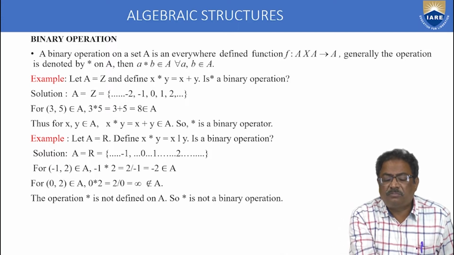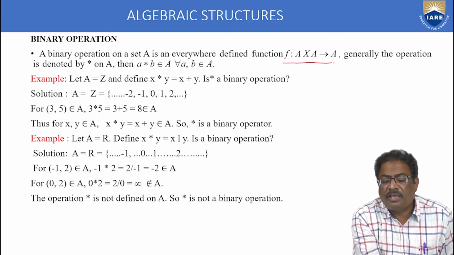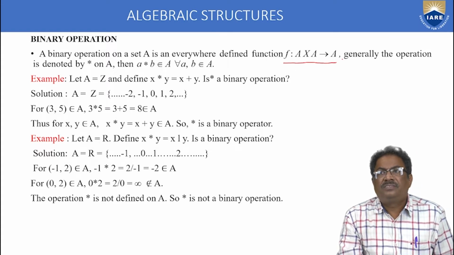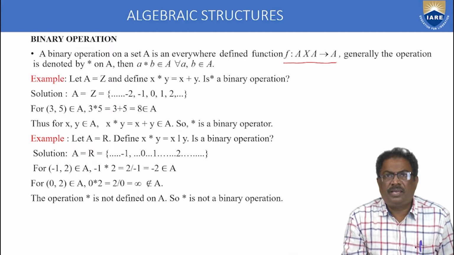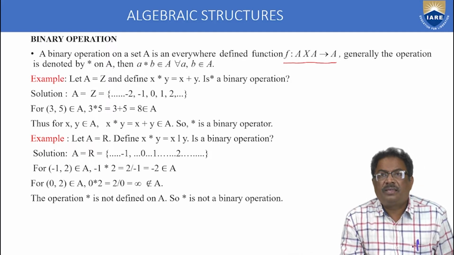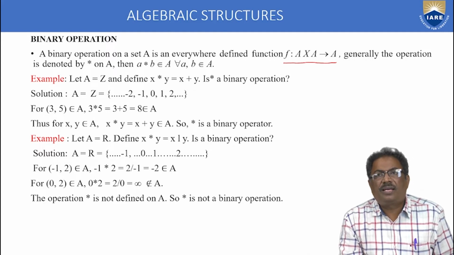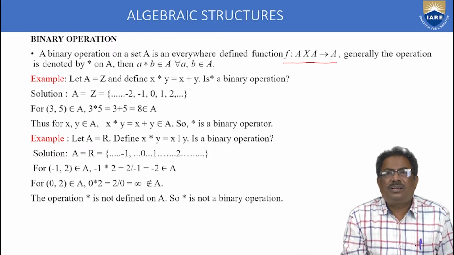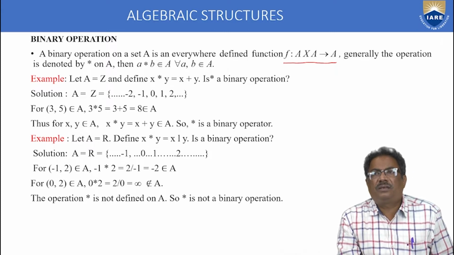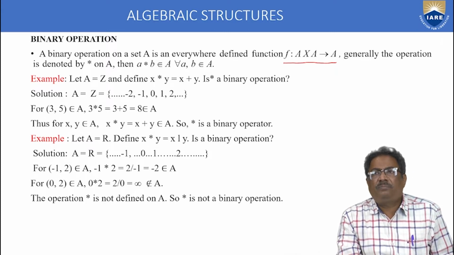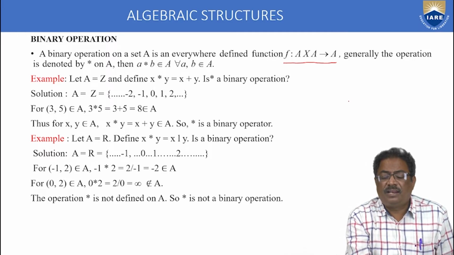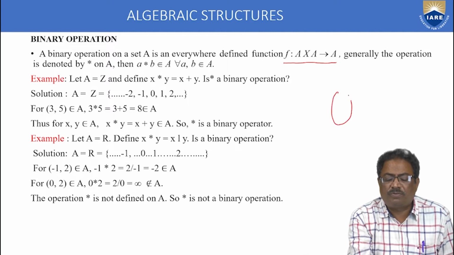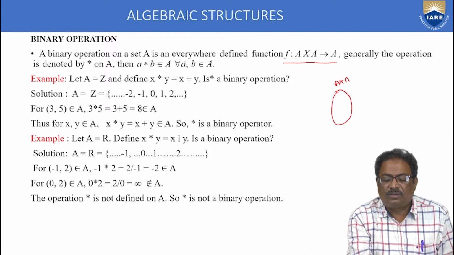That is, it is nothing but a function from A cross A to A. Generally, the operation is denoted by star on A, then A star B belongs to A for every A, B belongs to A. So whenever we take A cross A, the set consists of all the ordered pairs.